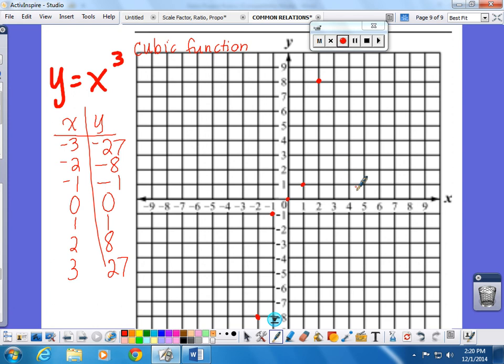So at 4, I'd be up there at 64. All right, what's 5 cubed? 125. At 5, I would be past 100. So this thing shoots up to positive infinity and down to negative infinity quickly, okay? Now this curve, do your best, because I call it an S curve.